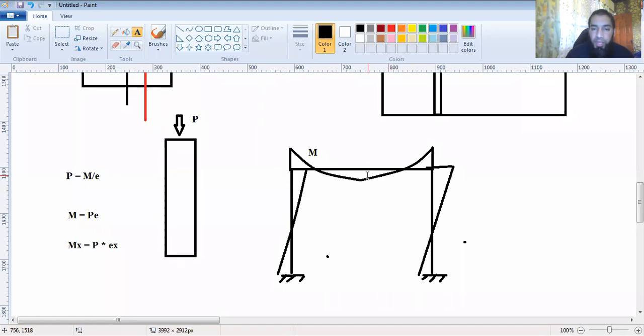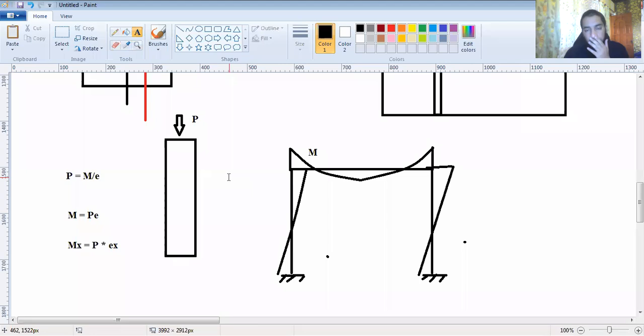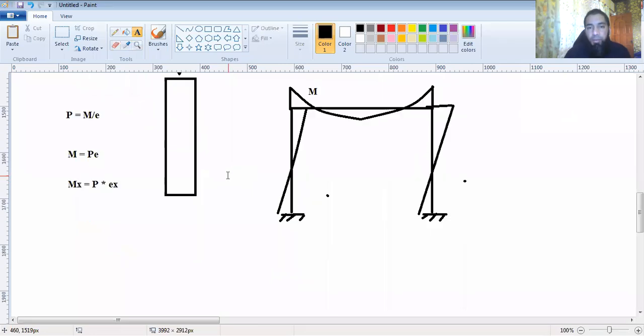Because the loads were unsymmetrical, as well as the beam acting unsymmetrically onto the column, you are getting eccentricity Ex, and from that you are getting the moments. Now that moment M at the top here would be the maximum moment generated at the top.